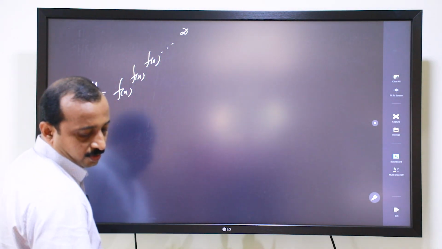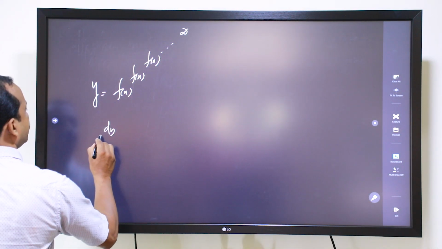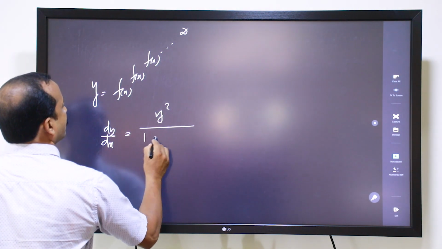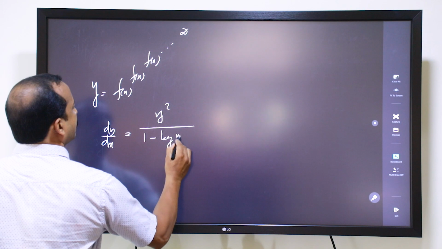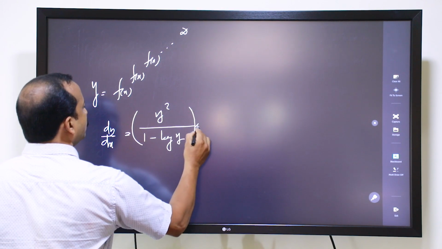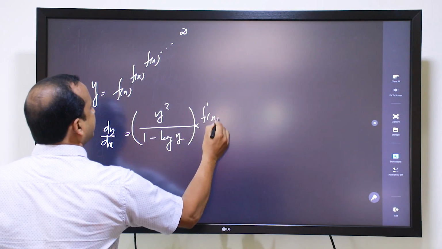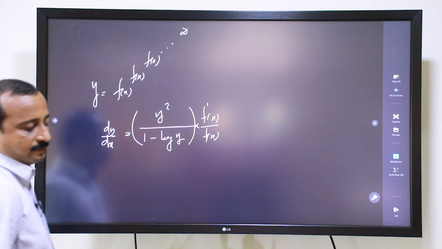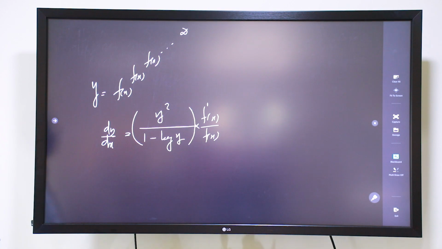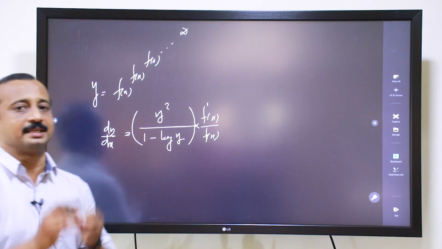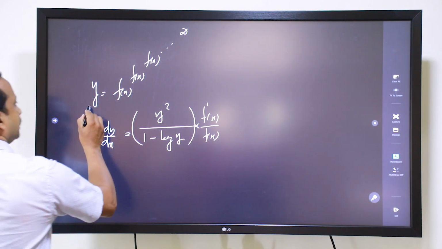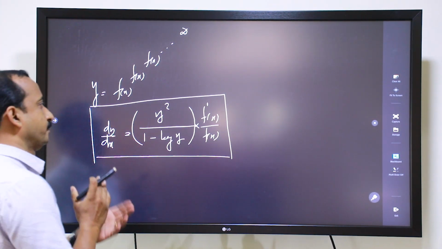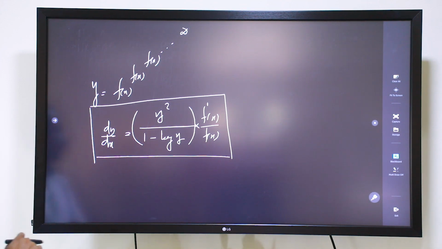In that case, we use a simple technique. dy by dx is equal to y square divided by 1 minus log y, into f dash x divided by f of x. This is also a very simple formula for finding the derivative of such type of functions.